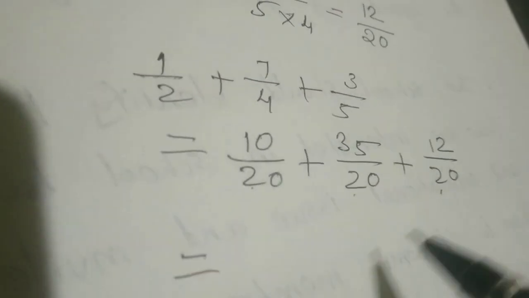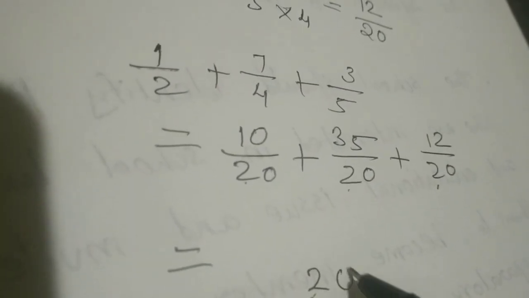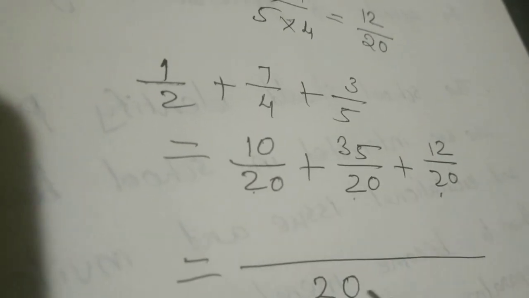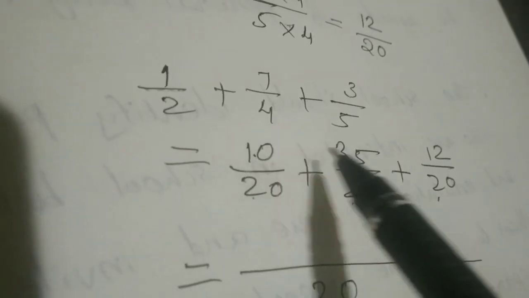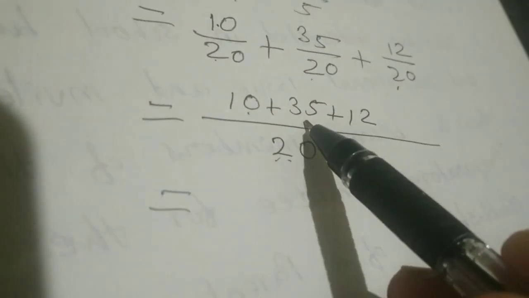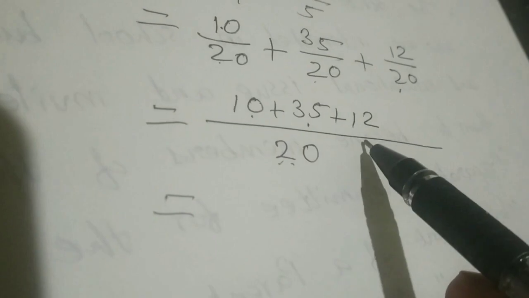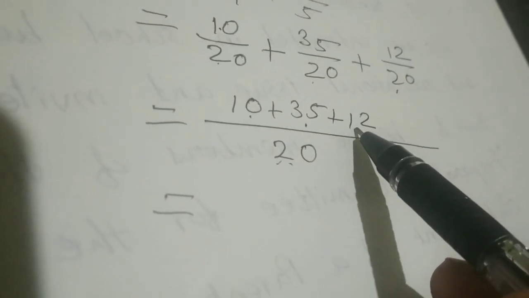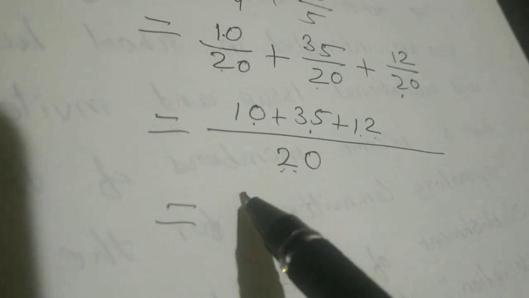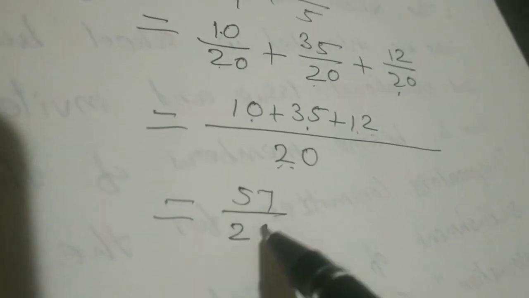Now they are like fractions, so keep the denominator 20. We mention it only one time. After that, add the numerators 10 plus 35 plus 12. 10 plus 35 is 45. 45 plus 10 is 55. 55 plus 2 is 57. So 57 upon 20.